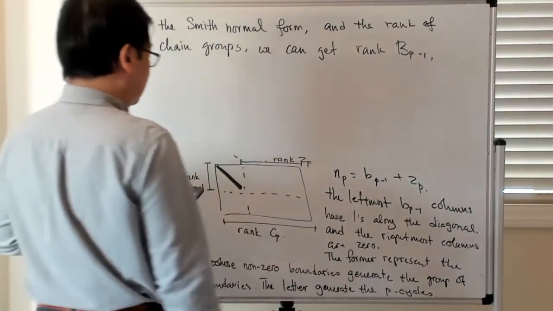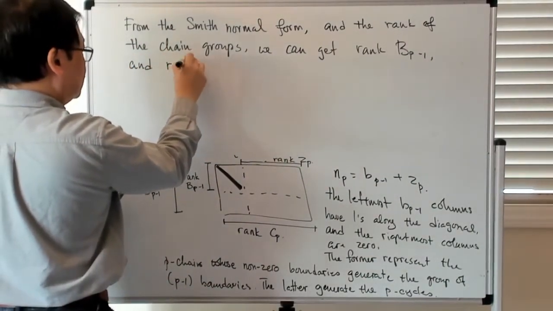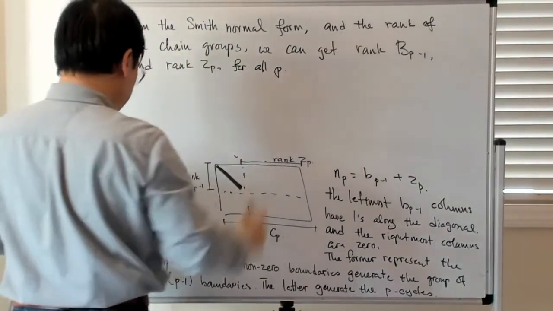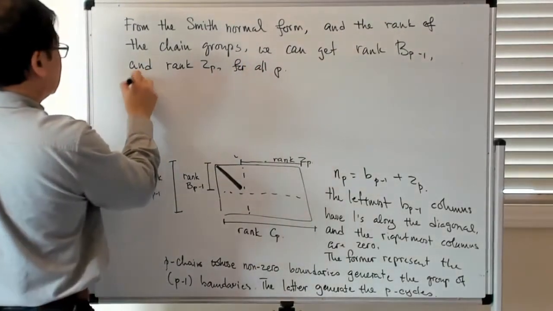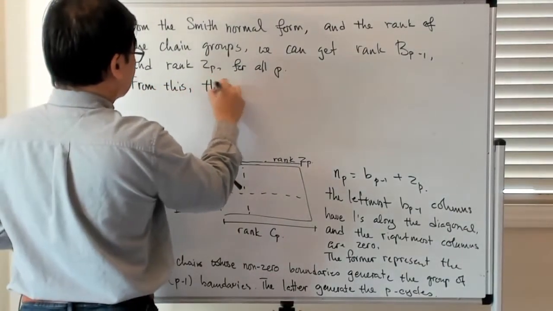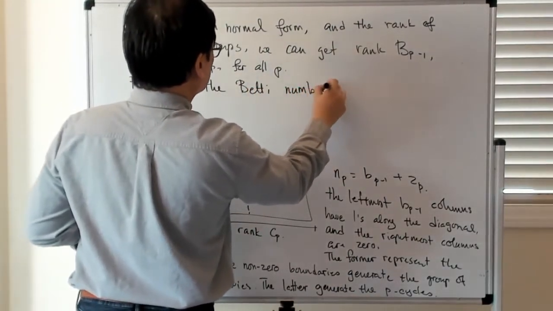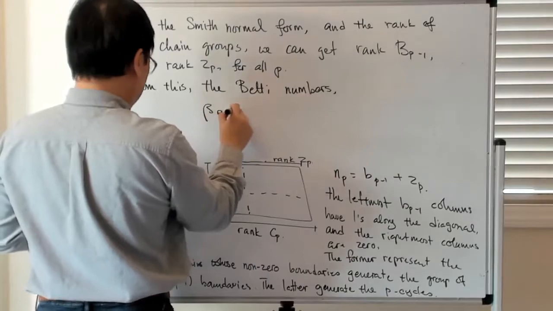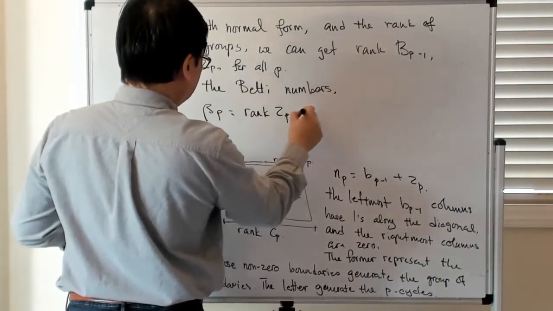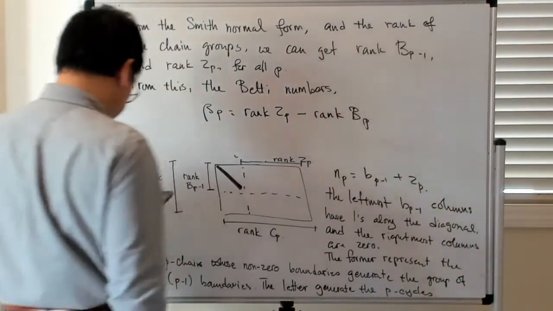Because, yeah, and the rank of ZP, right, for all P. So from this, the Betti numbers are just given by beta P is equal to the rank of ZP minus the rank of BP, right?